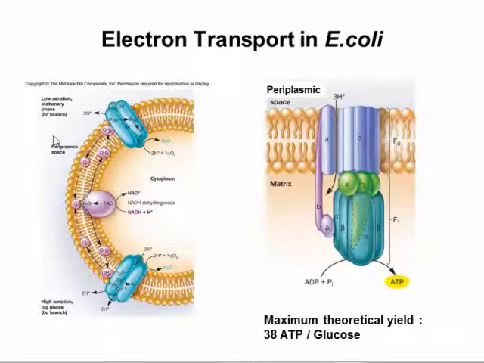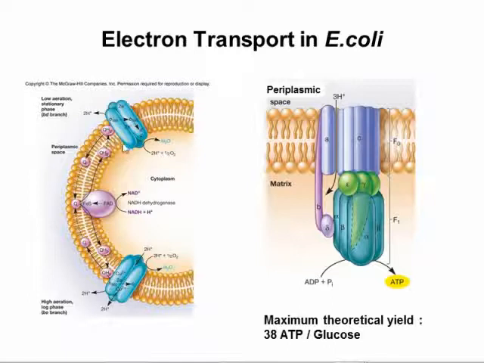Because initially, the protons are here in the cytosol. They're transferred onto quinone along with the electrons at the cytosolic face. And then they're liberated at the periplasmic face. So the coenzyme Q, or the quinone cycle, is one of the parts of the electron transport chain that generates a proton gradient.